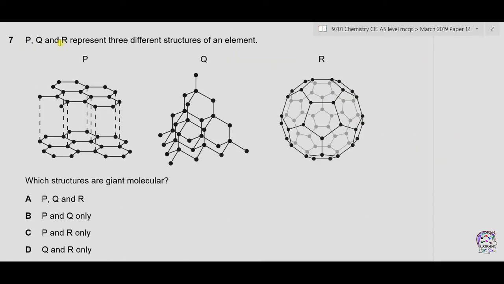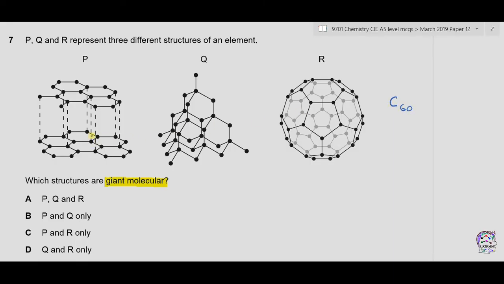Question number 7. P, Q and R represent three different structures of an element. Which structures are giant molecular? We can see that P is graphite, Q is diamond and R is a buckyball. So all these three are the allotropic forms of carbon. Now among these three, P and Q are giant molecular structures while R is the buckyball, and a buckyball consists of 60 carbon atoms.